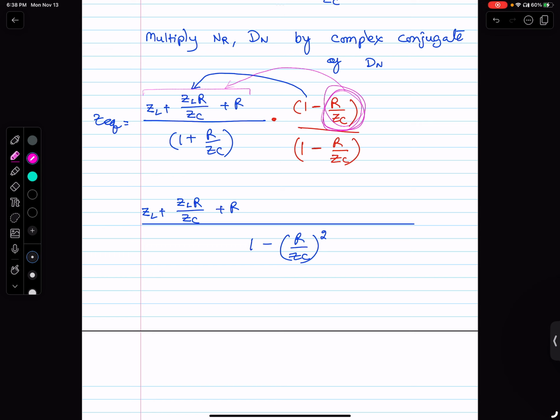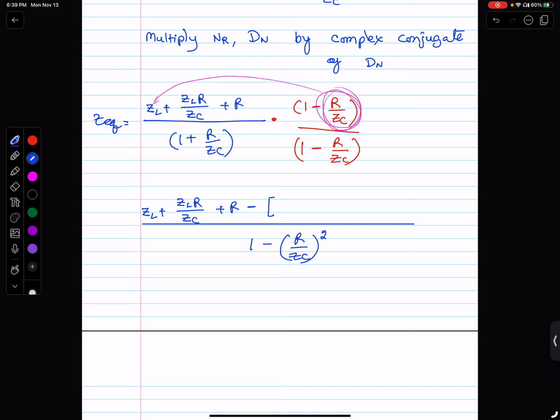You see, like I said, pay attention. It's going to get a little interesting. So R times ZL. The first step is noticing that this factor R over ZC multiplies this term ZL.